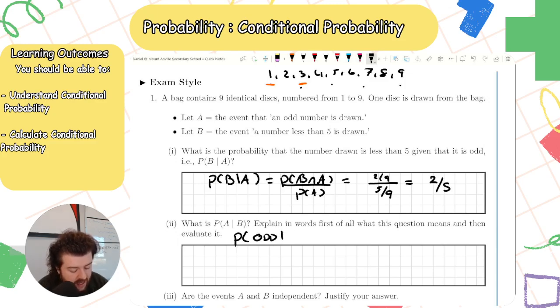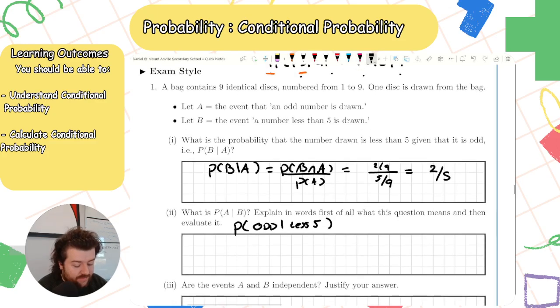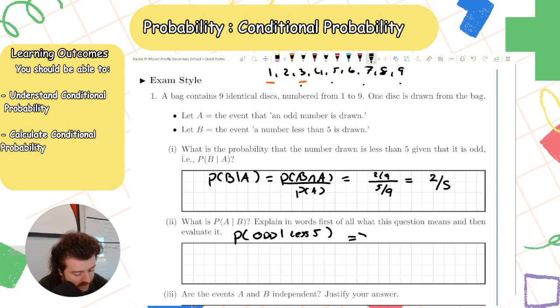B is it's less than 5. So what's the probability it's an odd number given it is less than 5? So do it out here. When my intersection is 2/9, we know that. Right, I have to put over the probability it's less than 5. Well, that's going to be 4/9 because 1, 2, 3, 4, 4 numbers are less than 5. And then that'd be 2/4.